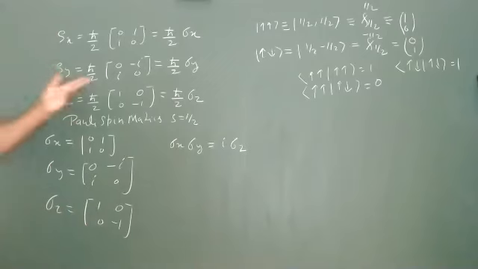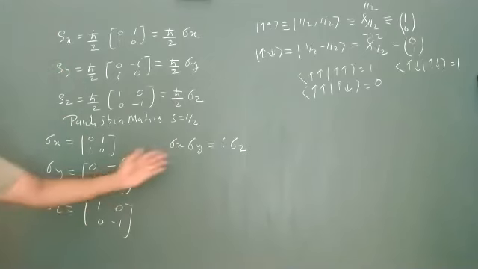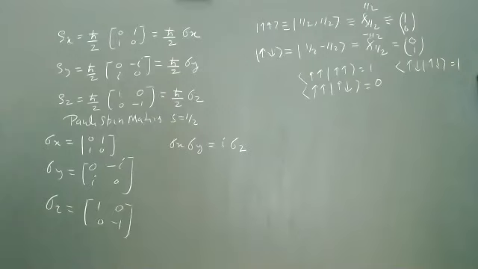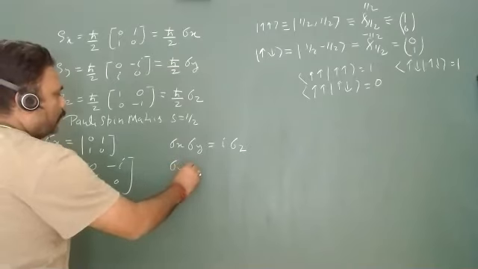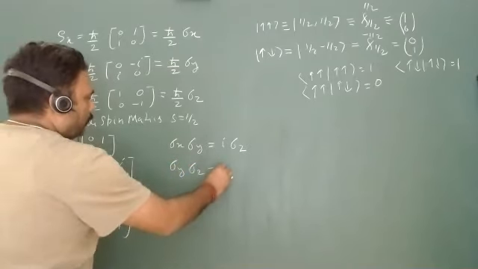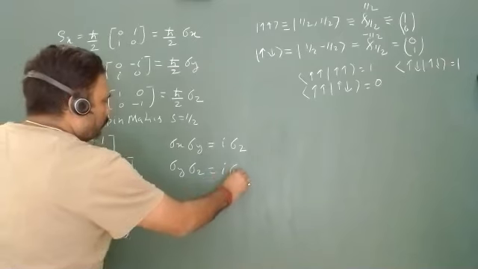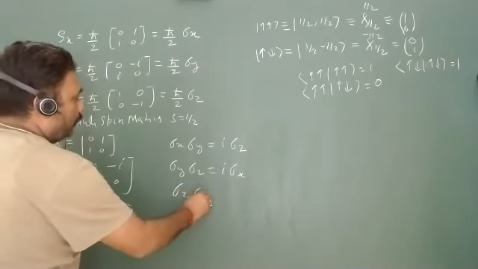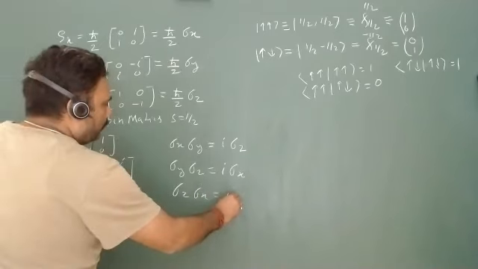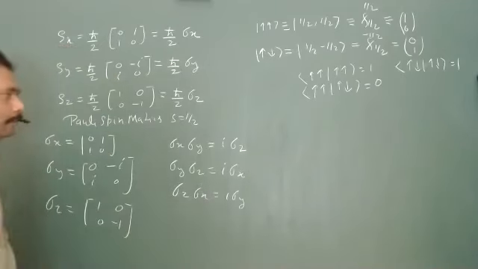Obviously, Sx and Sy are not going to commute. Similarly, sigma y sigma z gives i times sigma x, and sigma z sigma x gives i times sigma y.